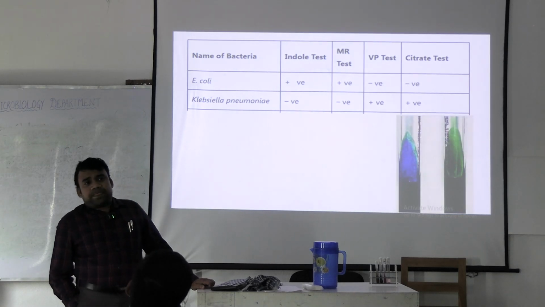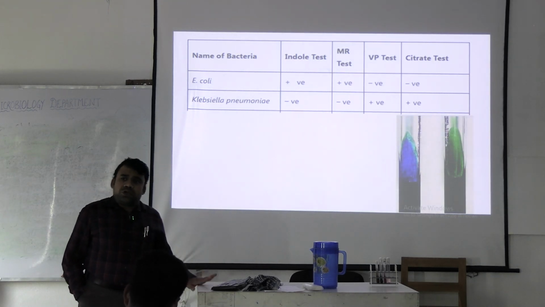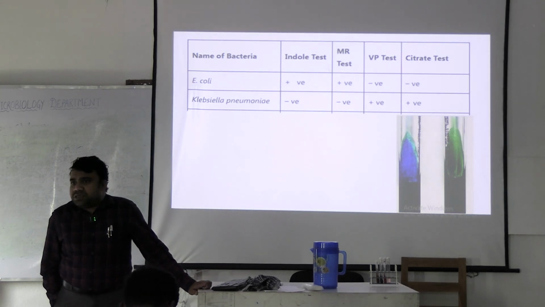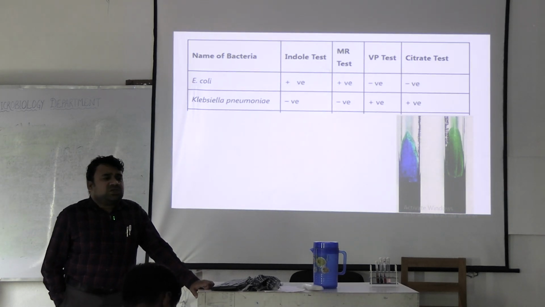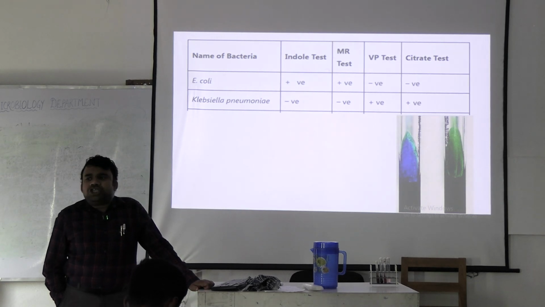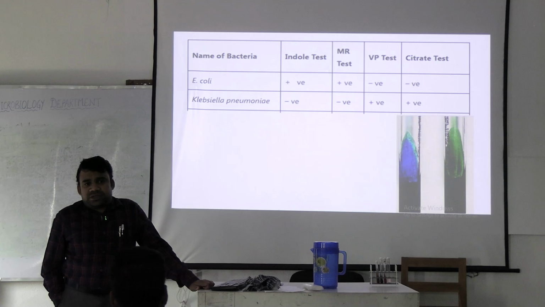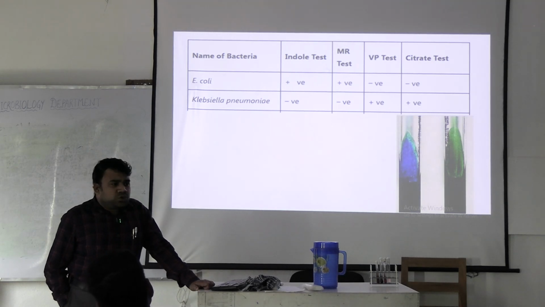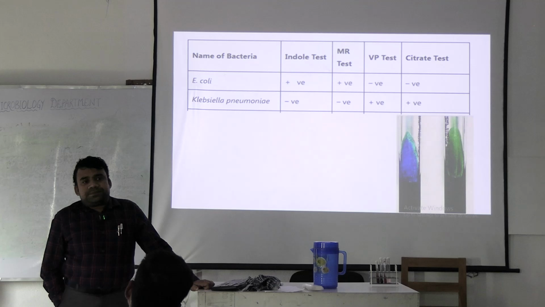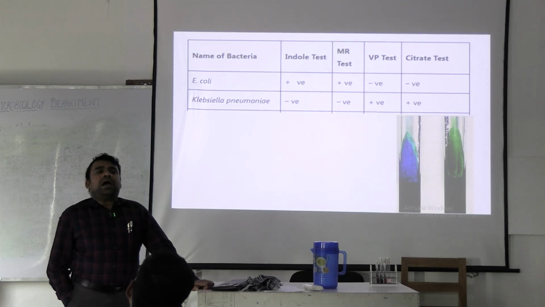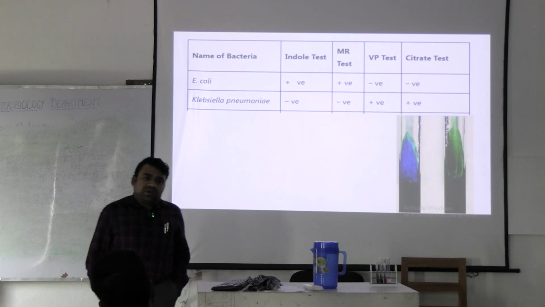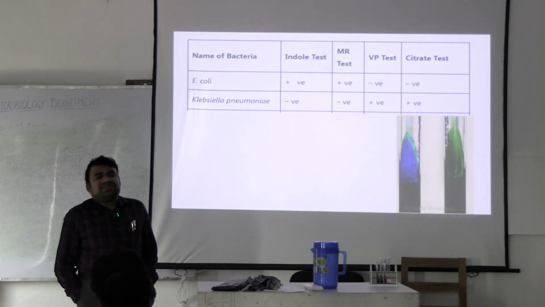Finally, citrate. In the last class I already told you we are looking for citrate utilization. That means this media does not contain any sugar. The only carbon source is citrate. Some organisms can utilize this basic source of carbon, some can't. E. coli cannot survive only on this citrate, whereas Klebsiella can survive.